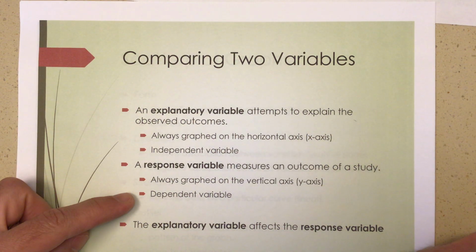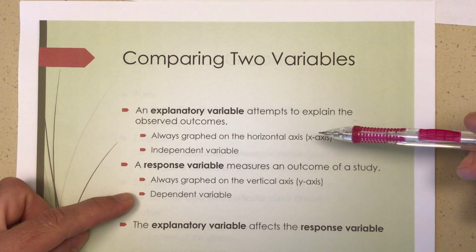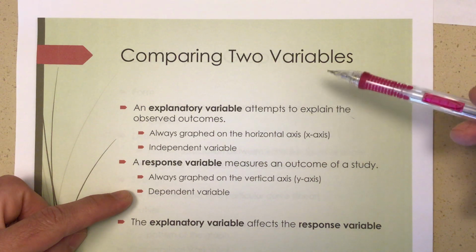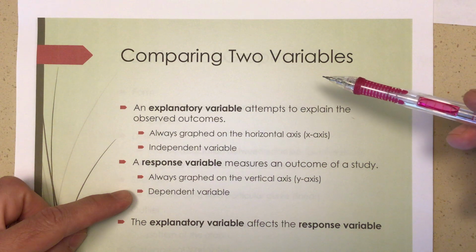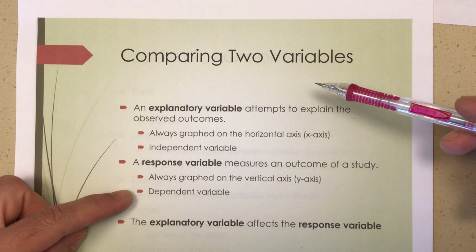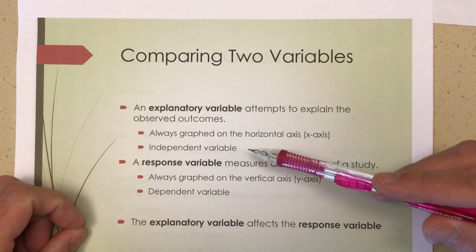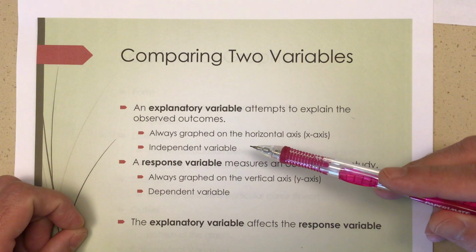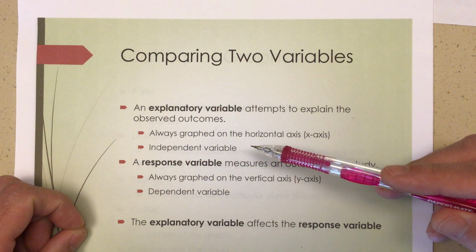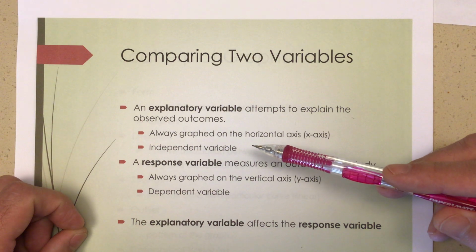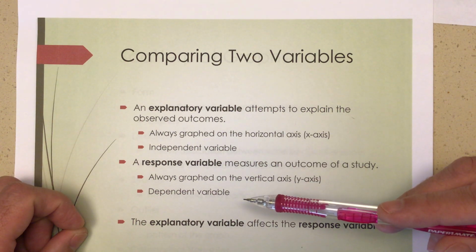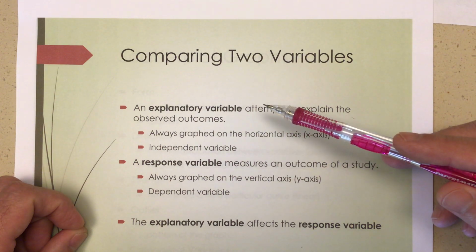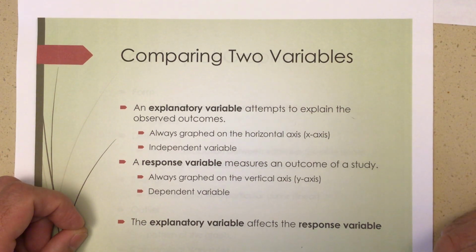So really a time plot is actually a way to compare two variables, but it's not a scatter plot because you're connecting the points, right? But a time plot, time is always your independent because you're saying, oh, time is having an impact on, say, my stock price or whatever else that you are interested in. Okay, so those are your two variables, explanatory on the x, response on the y.